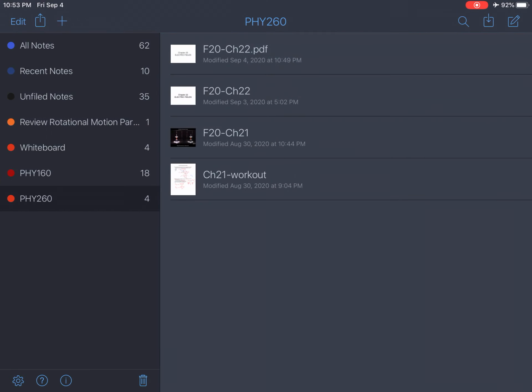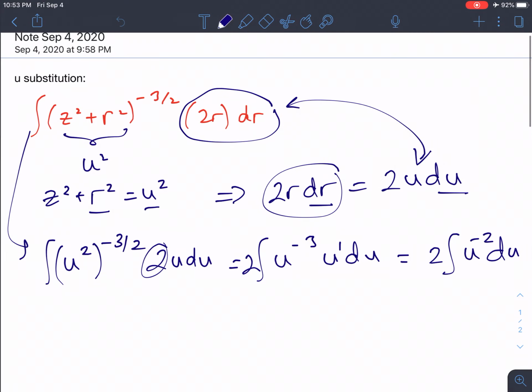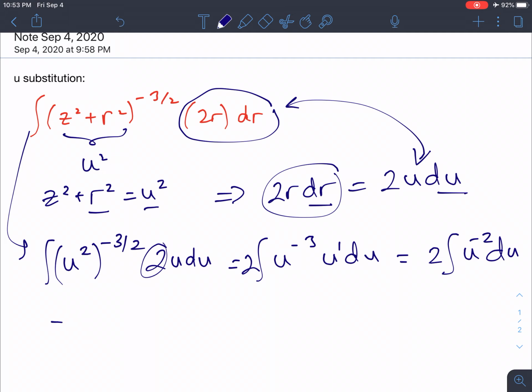Let's go back there and do that. So what happens is 2 times u to the, you're adding 1, m plus 1. So m is negative 2, and m plus 1 becomes negative 1, divided by m plus 1, which is again negative 1. And this becomes negative 2 over u, right?